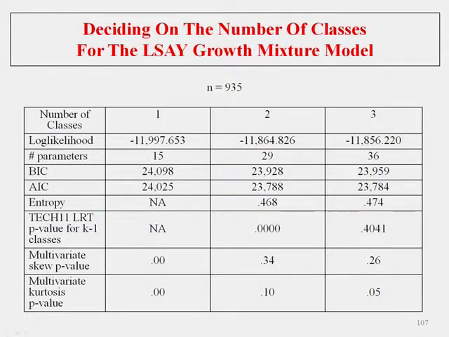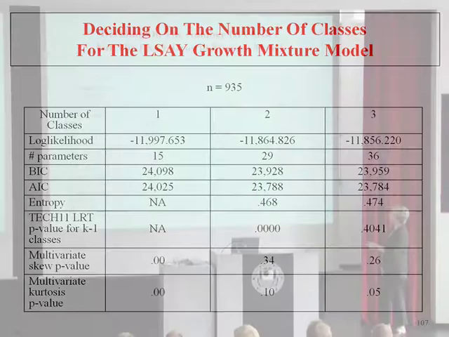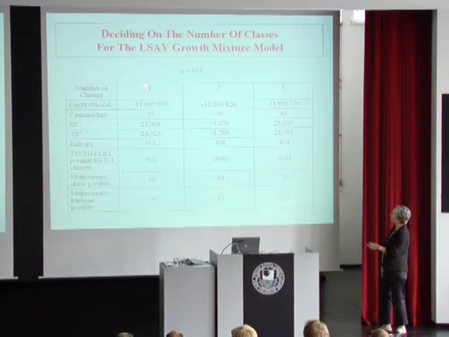Now the one-class model is just simply a conventional growth model. So if you run in Mplus a conventional growth model without type equals mixture, and then you run type equals mixture with classes equals c(1), then you will get identical results because they're the very same. So the one-class model is the same as a conventional growth model.